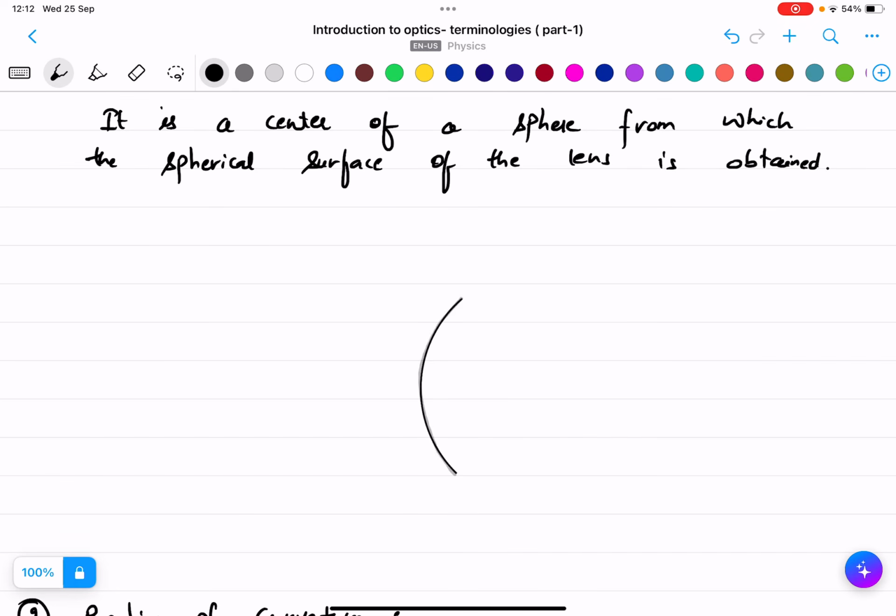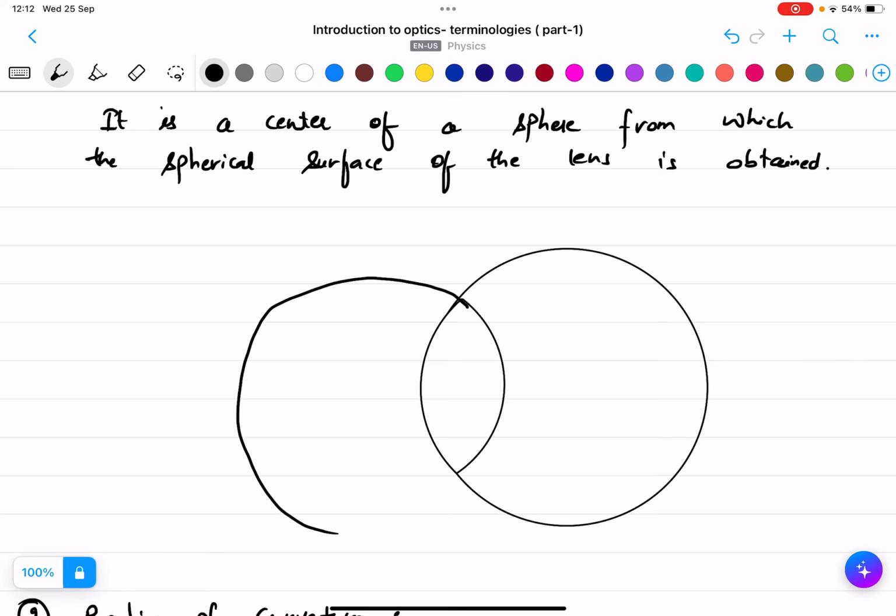Suppose this is a lens. I'm drawing the lens. And if you see this lens, this part basically is a part of a circle. And this part is also a part of a sphere. So we will draw this. If I draw this like this, and this also I will draw like a sphere.